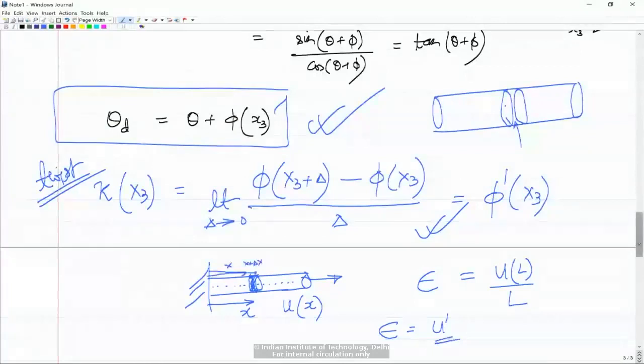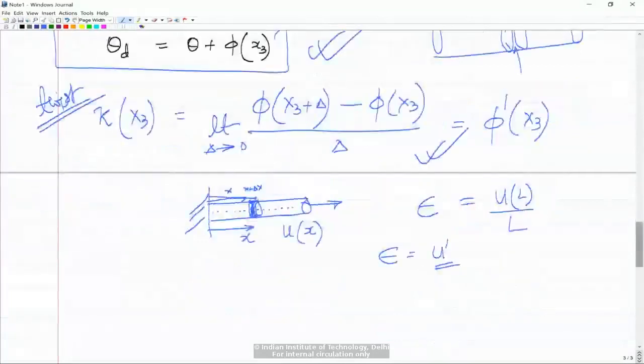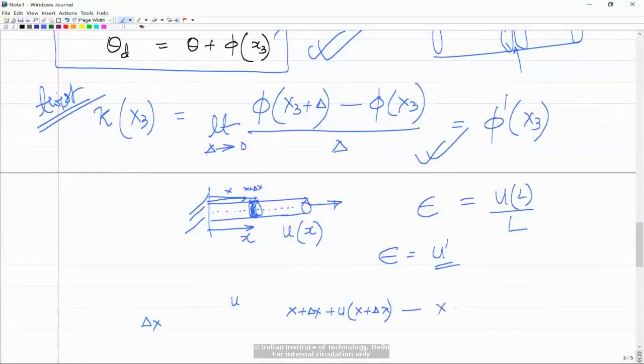So how much is the final length? The original length of course is delta x. The final length is x plus delta x plus u of x plus delta x minus x minus u of x. That's the final length.